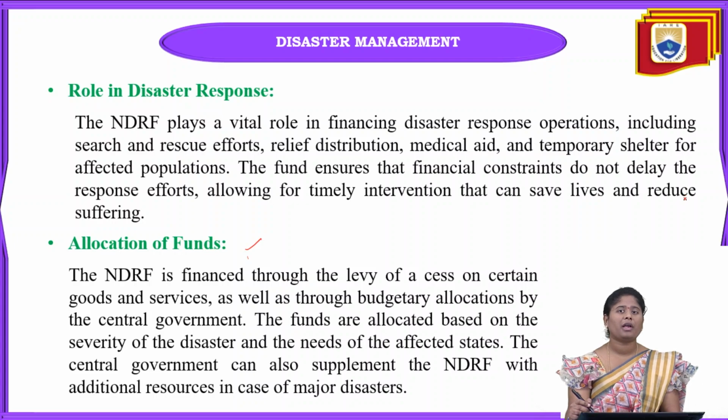Every year the finance department gives a budget to the different departments. Likewise, the central government gives funds, that is, a budget, towards the NDRF. They do this to save that overall budget for the year.